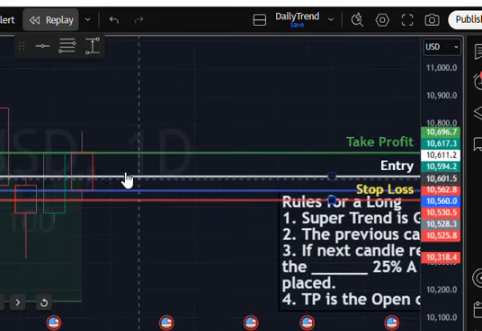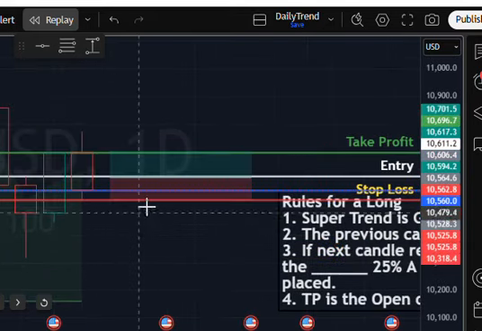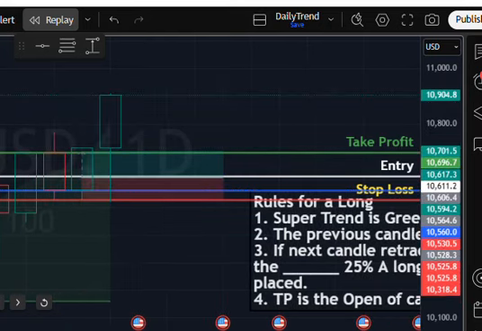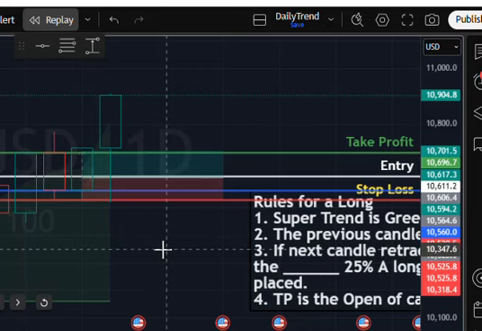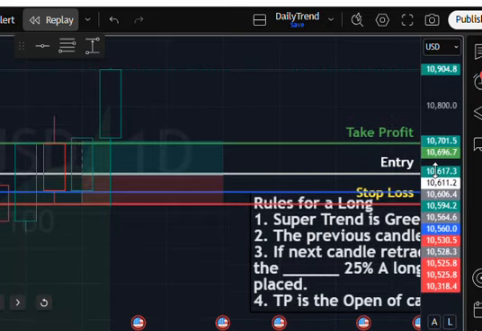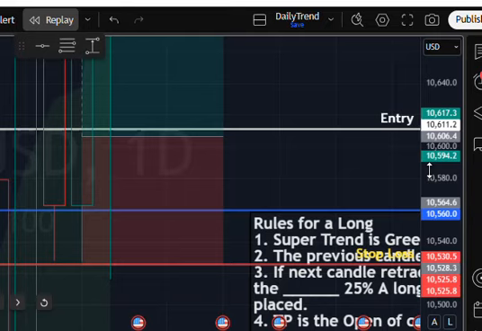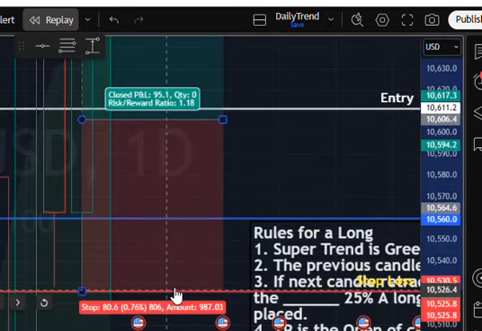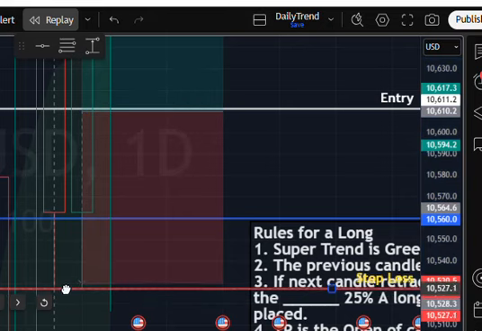All right, this one might look a little better. This one is a 1.18. Let's let it run. And yeah, it hit. It would have hit take profit there, but that's fine.